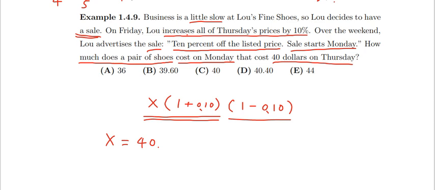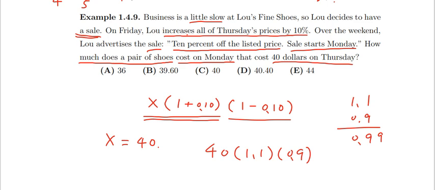So the price now is just 40 multiplied by 1 plus 10%, which is 1.1, then multiplied by 0.9. So 1.1 multiplied by 0.9 equals 0.99. 0.99 multiplied by 40 is $39.60.